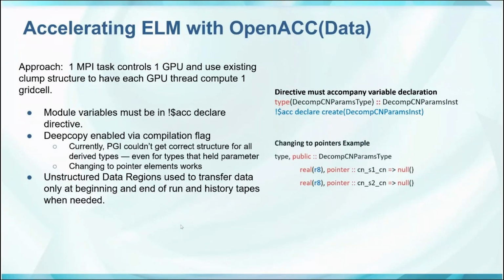Yeah, the basic idea here is to be able to handle the OpenACC data directives. Each of the subroutines and each of the data types needs to be declared with some ACC directives, so that's not too invasive to the code.